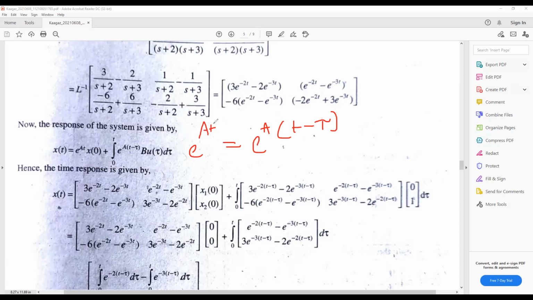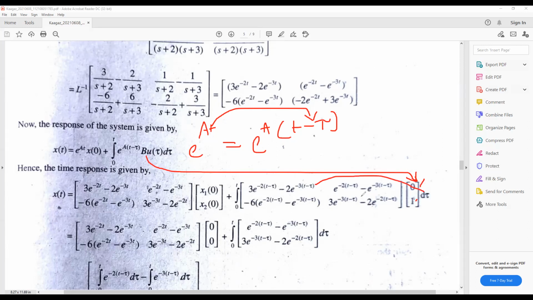So t is replaced by t minus 2. Into B. What is the B matrix? B matrix is 0, 1. What is given in the problem? B matrix is 0 and 1. So the first term is 0.